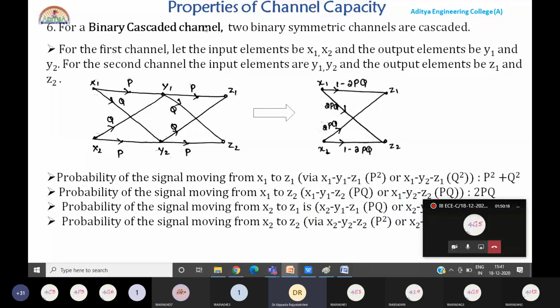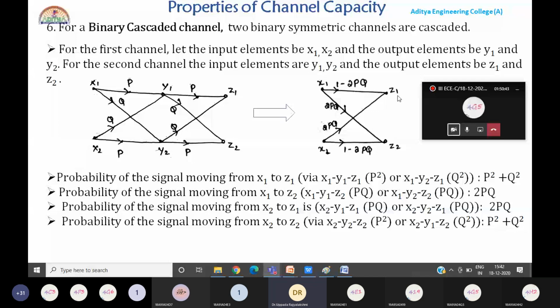The equivalent form of this cascade of two channels is shown on the right side, and we have defined the probabilities of the corresponding paths from x1 to z1, x1 to z2, x2 to z1 and x2 to z2 upon considering the possible ways of moving from the source to the destination.